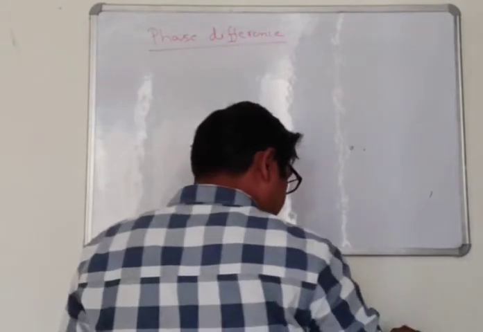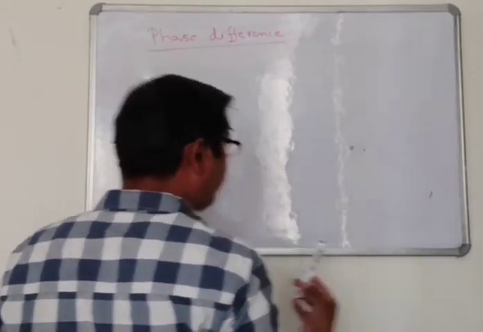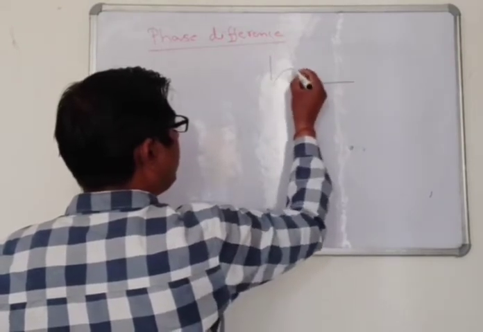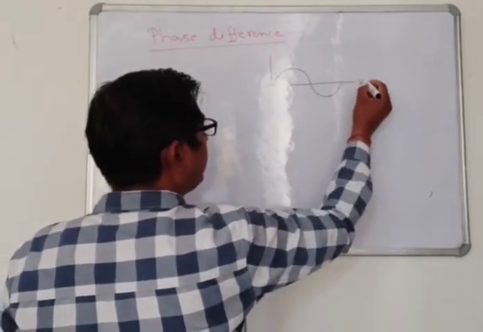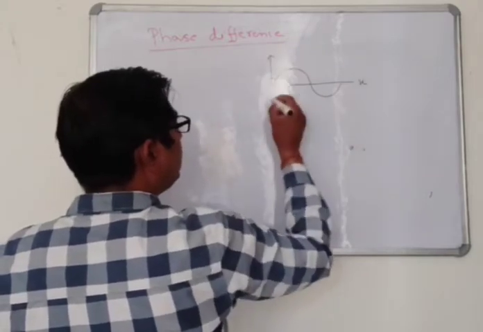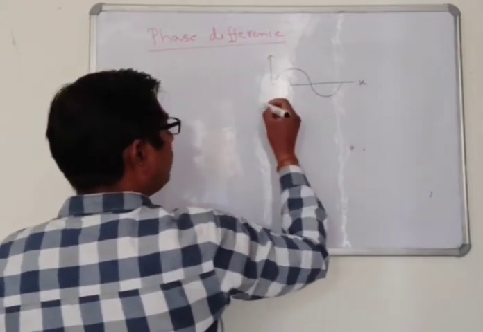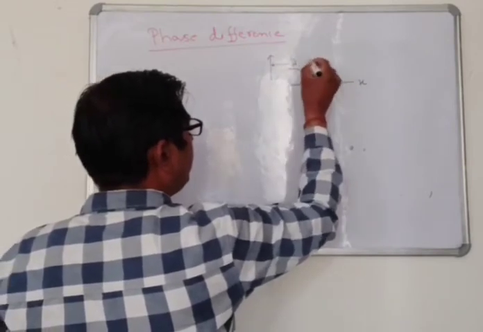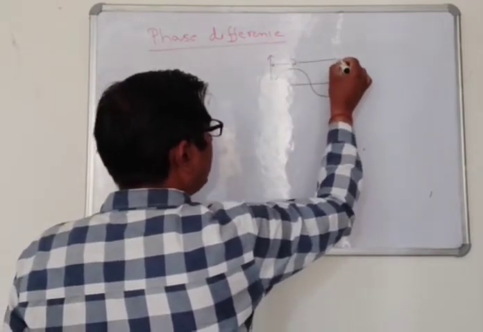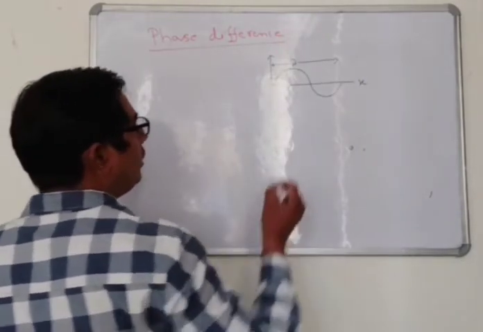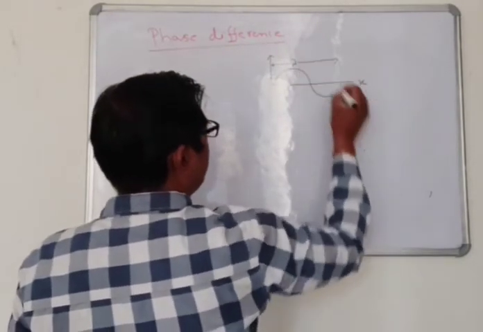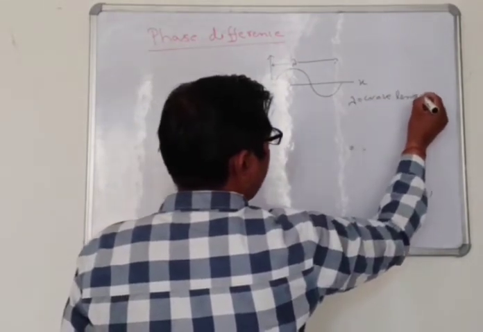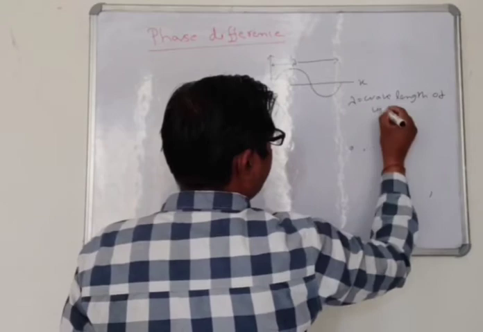You know very well, when any periodic function will cover one period in a position variable, the distance covered by one periodic motion is known as lambda, or the wavelength of the wave.